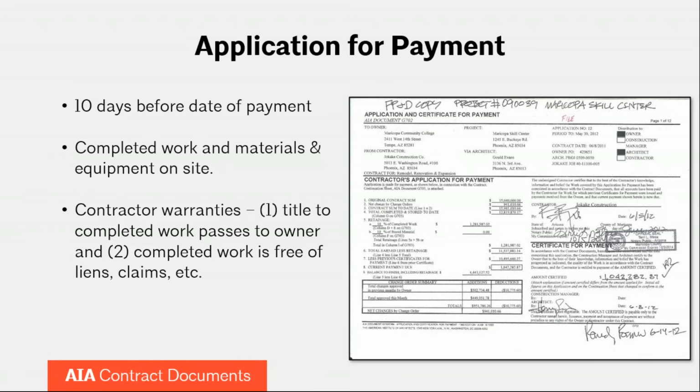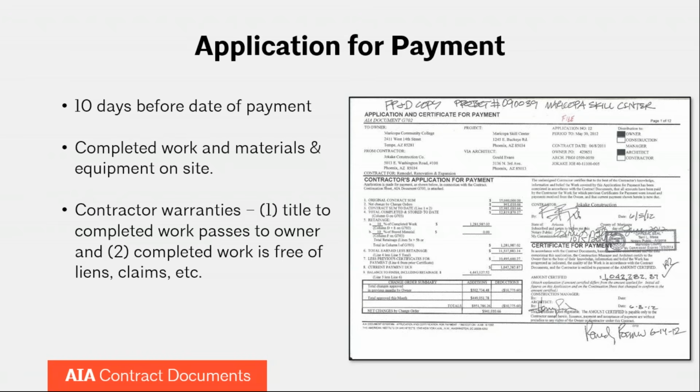But the contractor's responsibility for each application for payment is to submit to the architect their application 10 days before the date of payment. At least that's what the A201 says. That can be edited if you want to change those timing periods. But the idea is for the contractor to submit to the architect an application 10 days before payment.